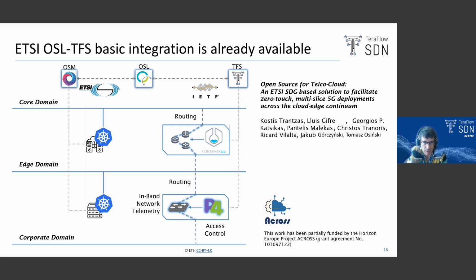You can see here different domains, which are the core domain, edge domain, and corporate domain. We have TeraFlowSDN in this case to handle all the connectivity between the different domains and interacting directly with OpenSlice. We think that this is one of the significant contributions that we have done in the last years, and we wanted also to highlight it.